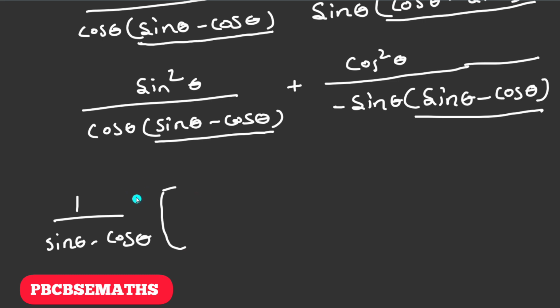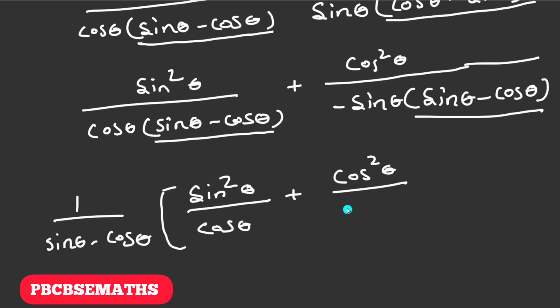Here in the numerator part, we are left with sin square theta by cos theta plus we have cos square theta by minus sin theta in the denominator.